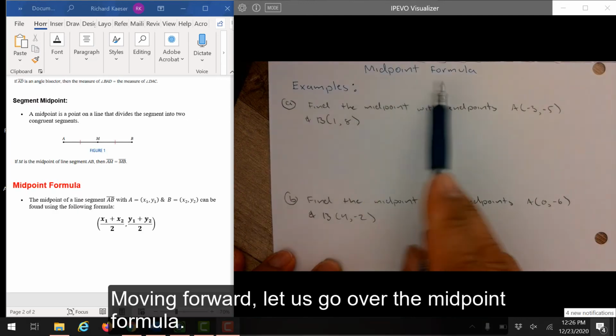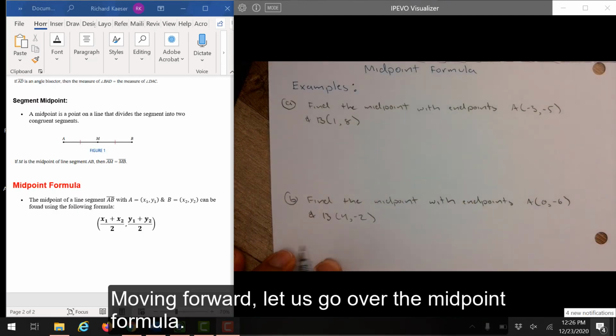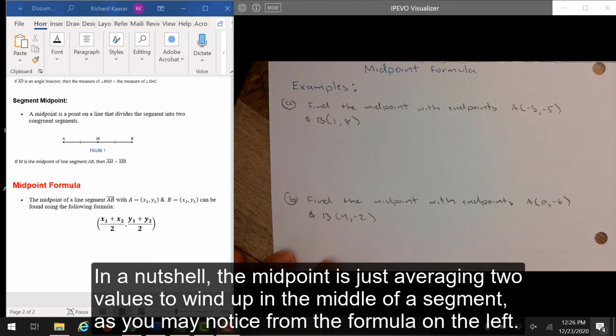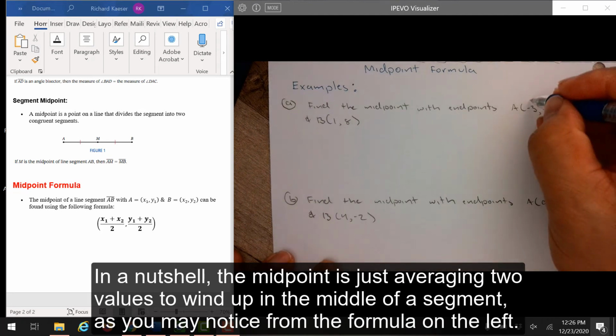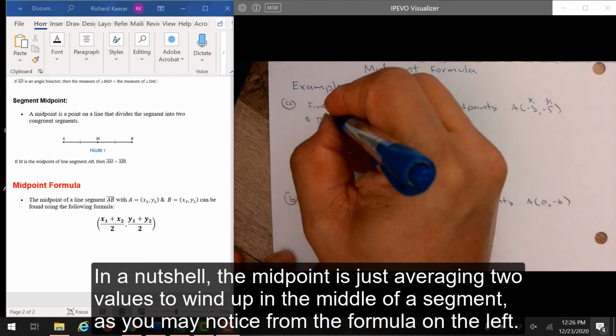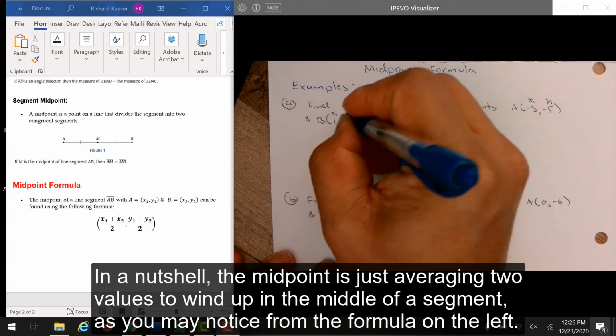Moving forward, let us go over the midpoint formula. In a nutshell, the midpoint is just averaging two values to wind up in the middle of a segment, as you may notice with the formula on the left.